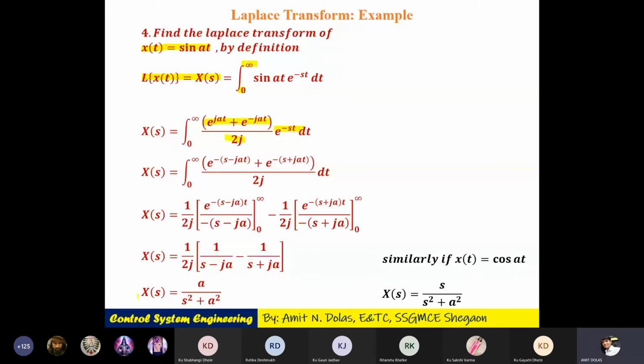Later on, finally, for sinusoidal waveform, sine omega t, we get omega upon s square plus omega square. You can see a upon s square plus a square. Similarly, if we go for the cos signal, then it will be s upon s square plus a square, or say you can say s upon s square plus omega square.